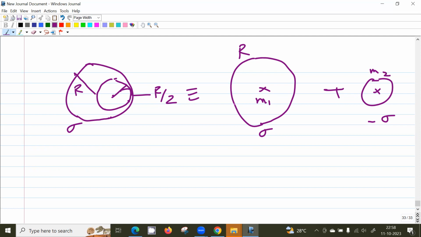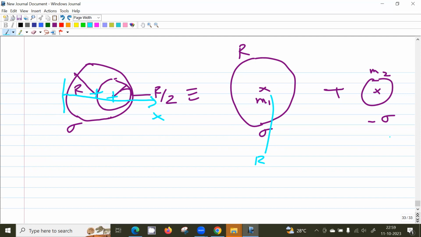And the location of this M1 center is this point. And the center of this second mass is here. Okay, so I can take this as the origin of the x-axis. This is my x-axis. So the center of mass of this one will be r comma 0, or I can just make it r.